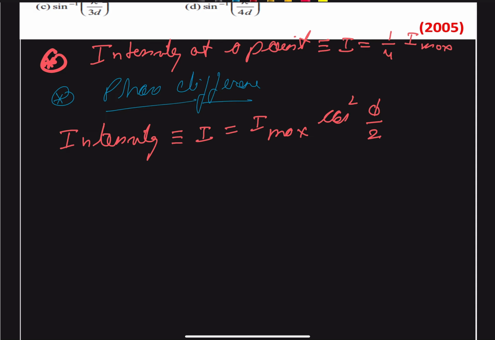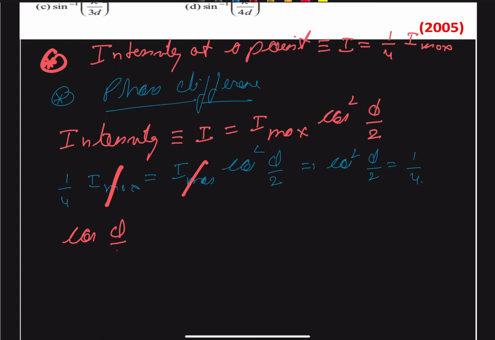So we can write this as 1/4 of I max is equal to I max cos square phi by 2. I max and I max cancel out, and this gives us that cos square phi by 2 is equal to 1/4, and this gives us that cos of phi by 2 will be equal to plus minus 1/2.